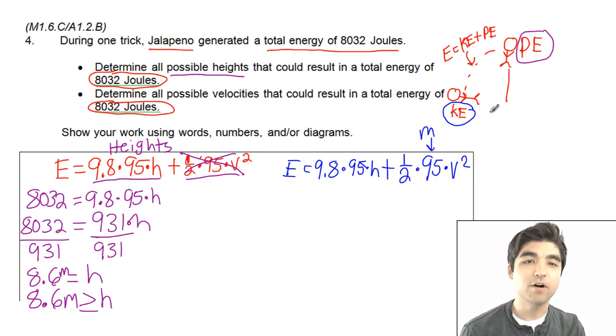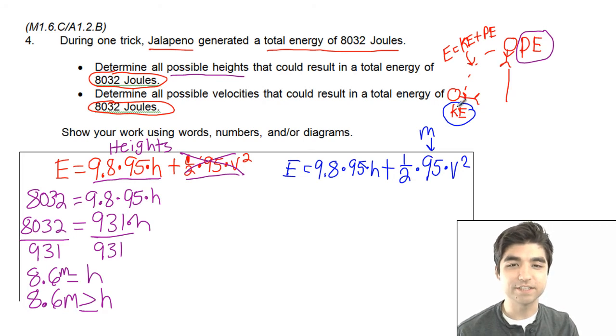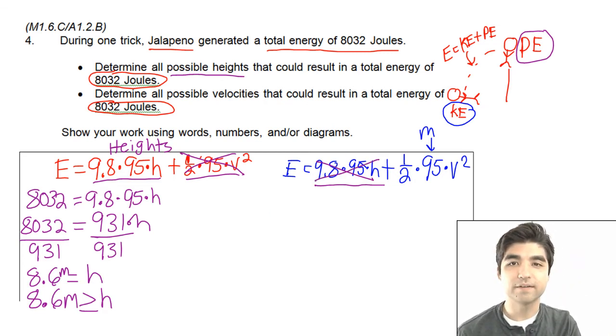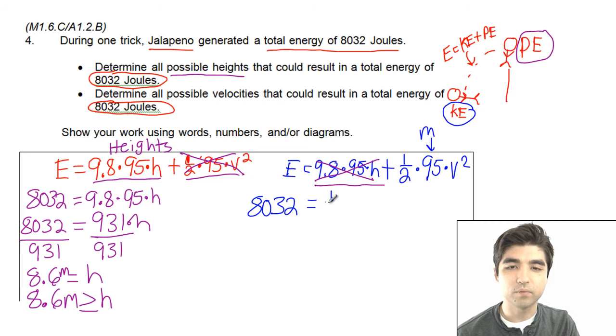If you have all kinetic energy, then the potential energy part of the equation cancels out. We have 0 height, so all that cancels out. So we have E, which is 8,032, equals 1/2 times 95 times v squared.